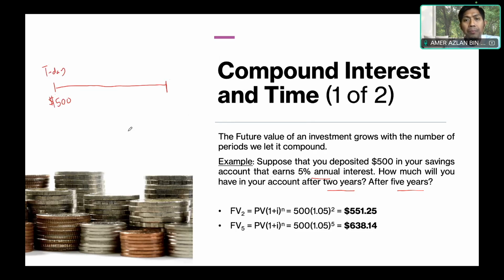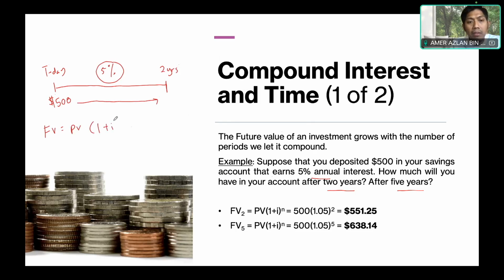You don't want to spend this money, but you want to invest it. So assuming you invest your $500 in an account that could give you a return of around 5%. The question is, how much will you have in your account after 2 years? So in 2 years' time, how much will this 500 be worth if you put it in an account that gives you 5%?